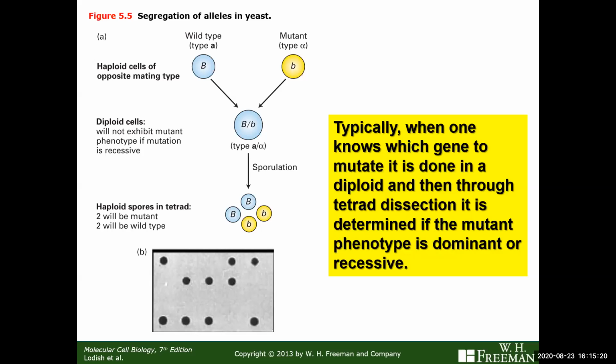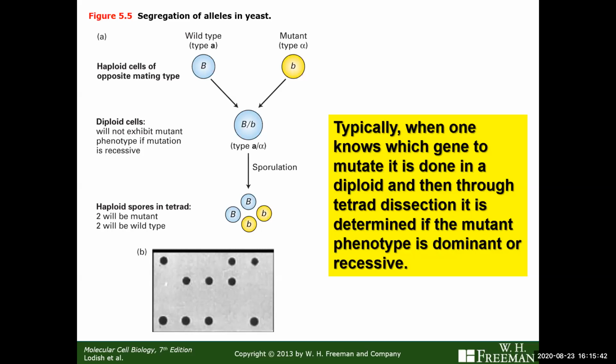In a diploid, the wild type version of the B will make sure that it behaves normally. But if it is a haploid and the only copy of the gene is b and it is not functional, then depending on the particular condition, the haploid cell may not be able to grow.